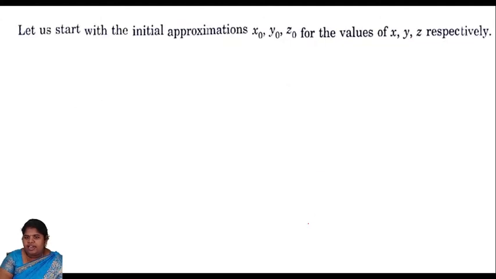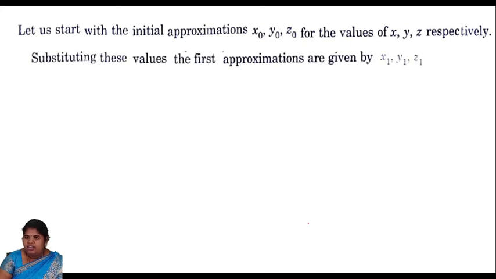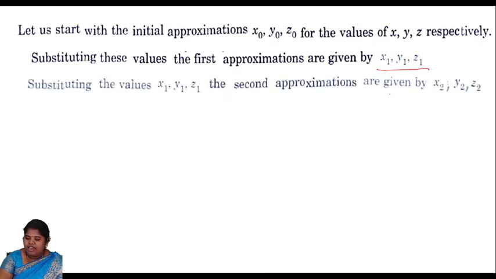Now we shall start with the initial approximations x0, y0, z0 in the place of x, y, z. If we substitute the values of x0, y0, z0, we get the values of x1, y1, z1. Then substituting x1, y1, z1, we get the values of x2, y2, z2. We should continue this procedure.